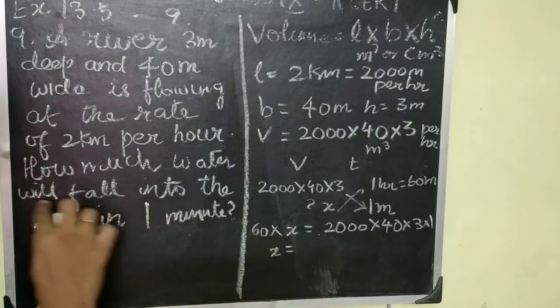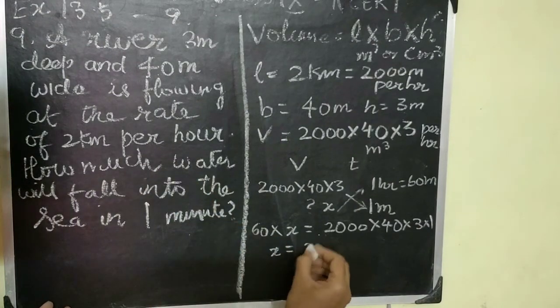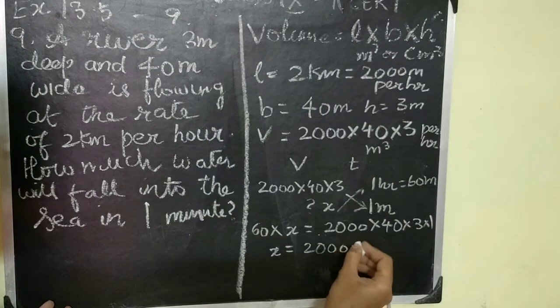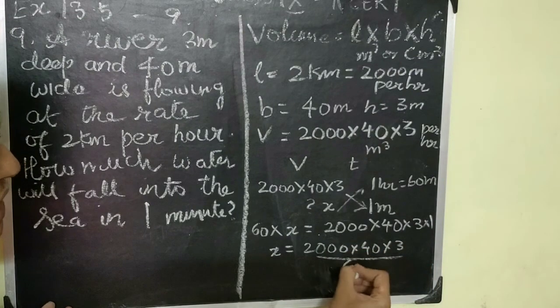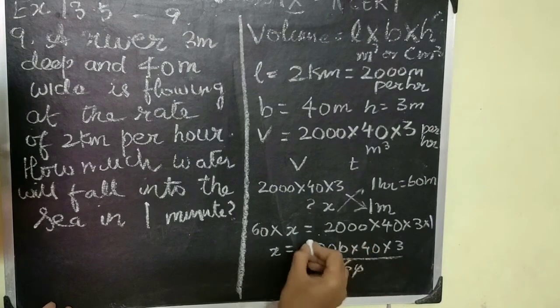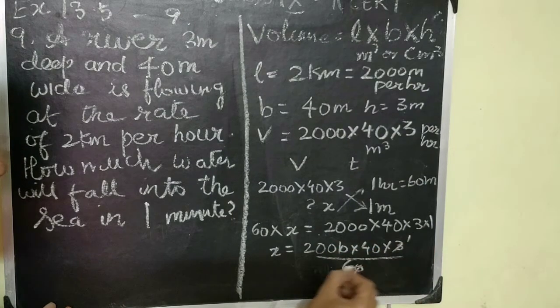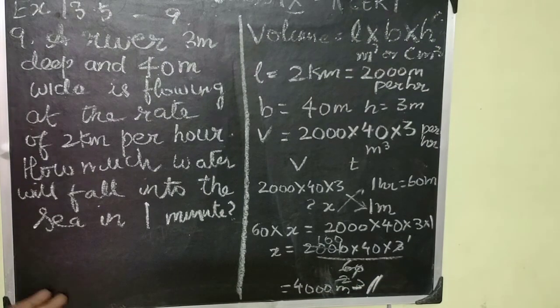X is nothing but how much water. So X will be 2000 into 40 into 3 divided by 60. So 3 ones are 3, 3 twos are 6, 2 1, and then this becomes 100. So it becomes 4000 meter cube. So that is the volume of the water falling into the sea.